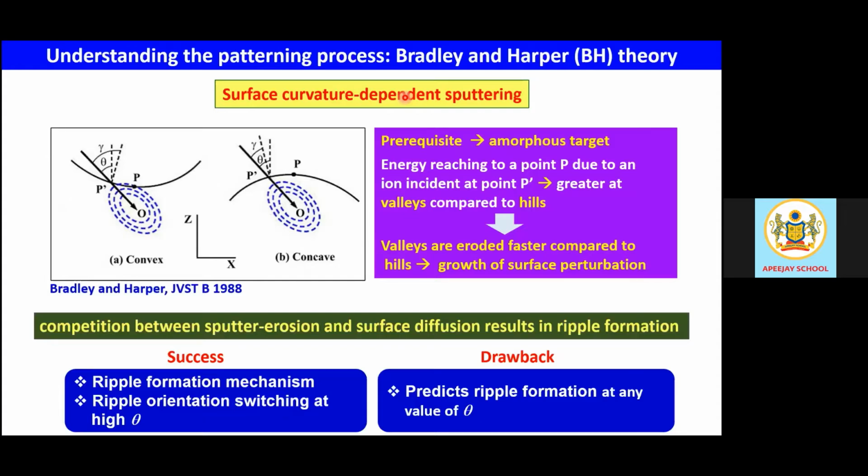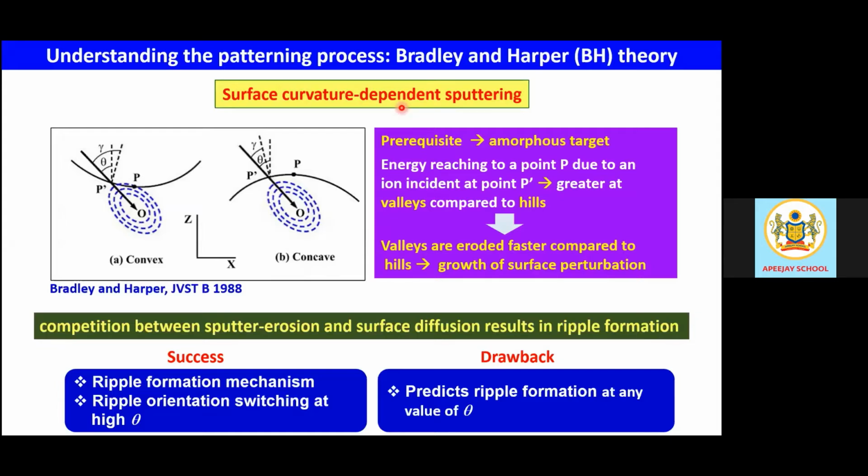And when nothing else was available, that means after the 1999 paper by the German group, which was published in Science, for several years whatever data people could obtain, they used to say, almost as a thumb rule, our data are nicely explained by Bradley-Harper theory.